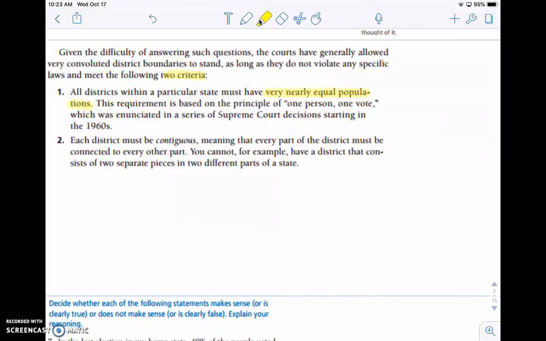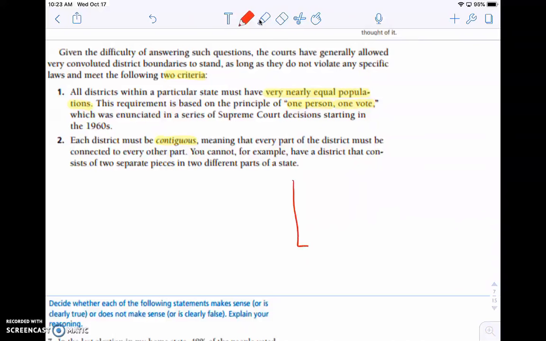This requirement is based on the principle of one person, one vote, and that came from a Supreme Court decision. The other is that each district must be contiguous, meaning that every part of the district must be connected to every other part. So you can't, for example, break a district into two separate pieces.